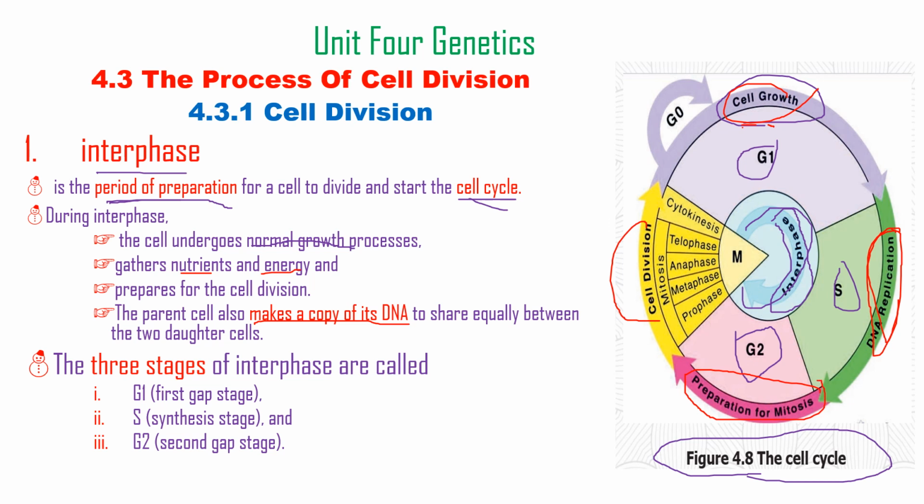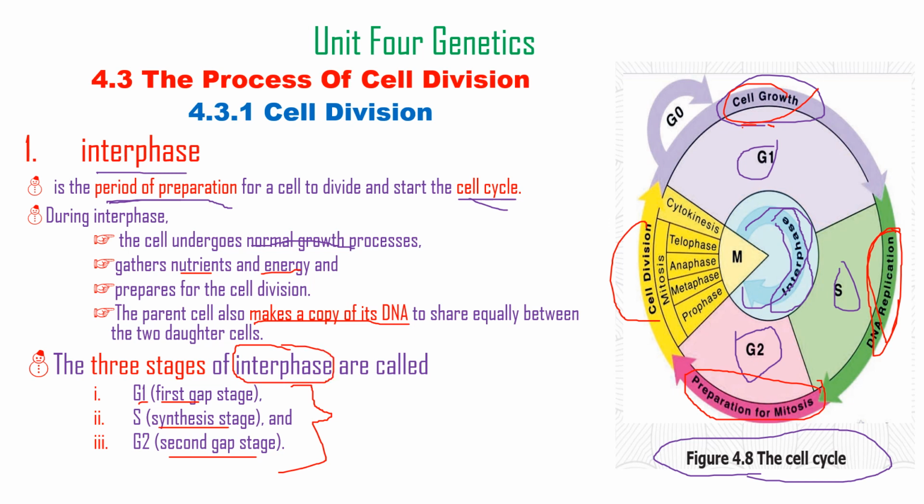So normally in the interphase, these things happen. The three stages of interphase are called the G1 phase, known as the first gap phase or stage, the S synthesis stage, and also the G2 second gap stage. These are the three stages found in interphase.